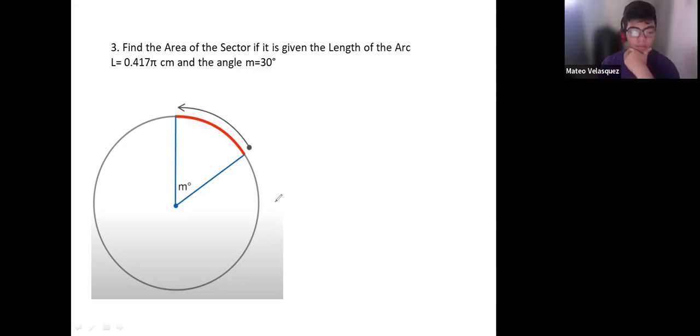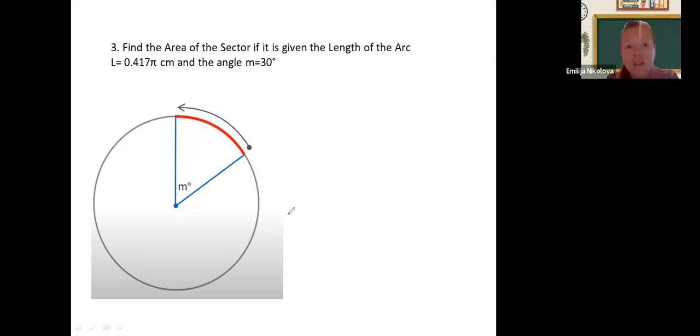Yeah, I can hear you. Okay, so what we need to find first, if we know the length of the arc and the angle, what we are missing in order to find the area. What is unknown that we don't know here?